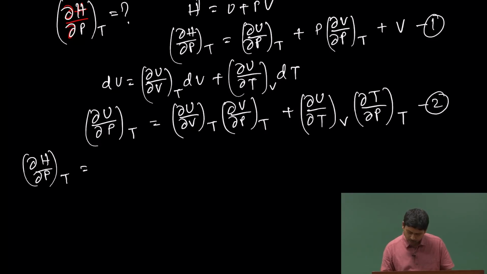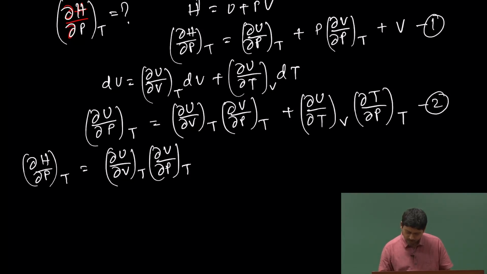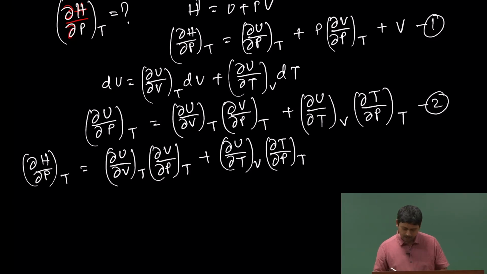So, del U by del V at constant T times del V by del P at constant T, plus del U by del T at constant V times del T by del P at constant T, that is just this one, plus P del V by del P at constant T plus V.